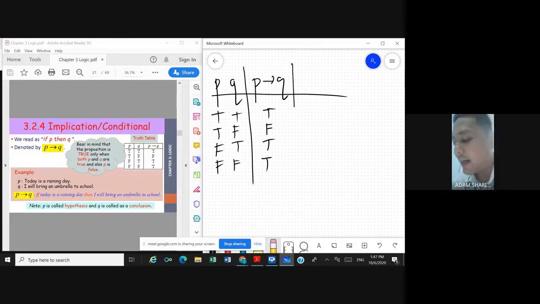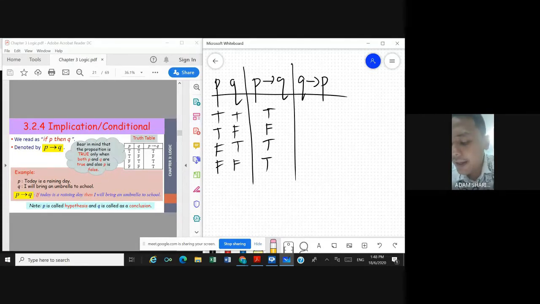What I want to highlight here is that implication is very direction sensitive. P implies Q, Q implies P, it's not the same anymore. Okay, look carefully. Q implies P. T, this time being at the front.